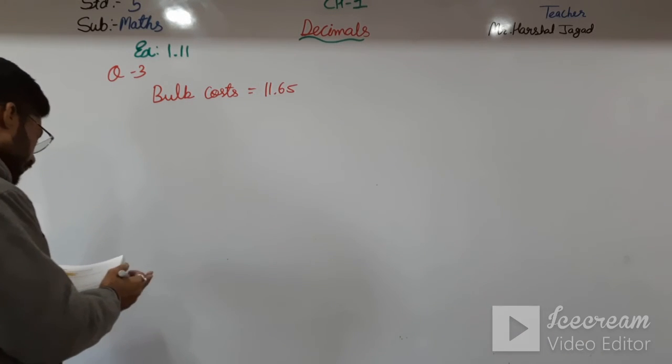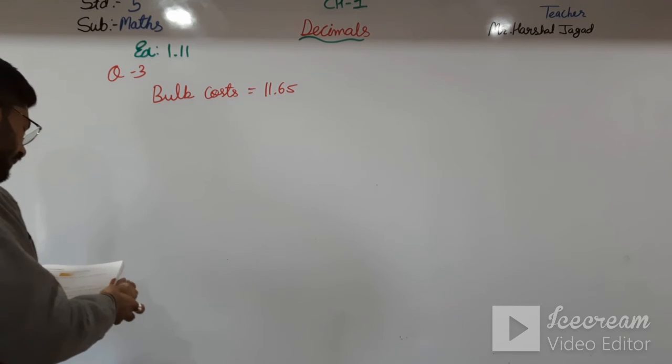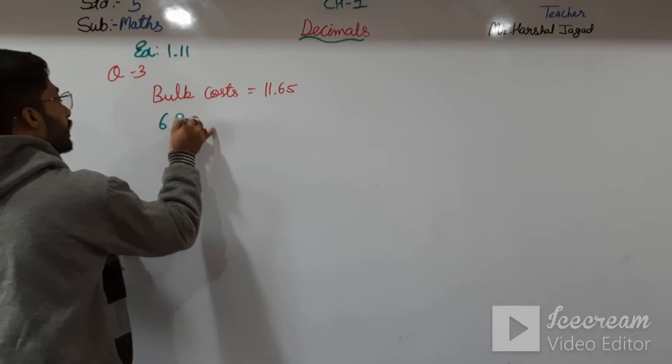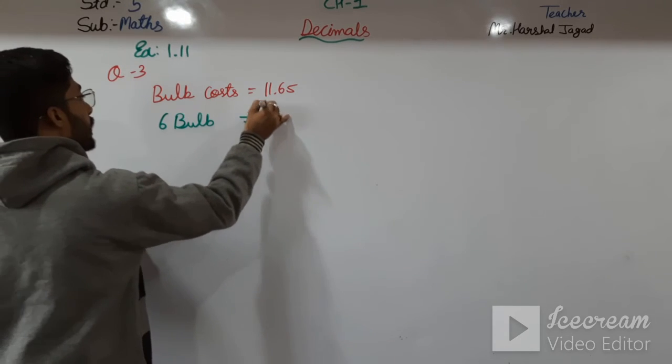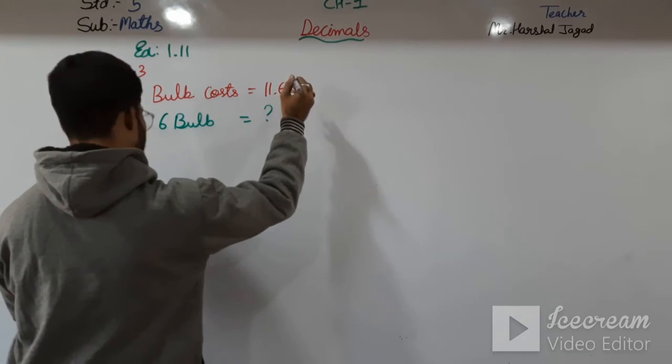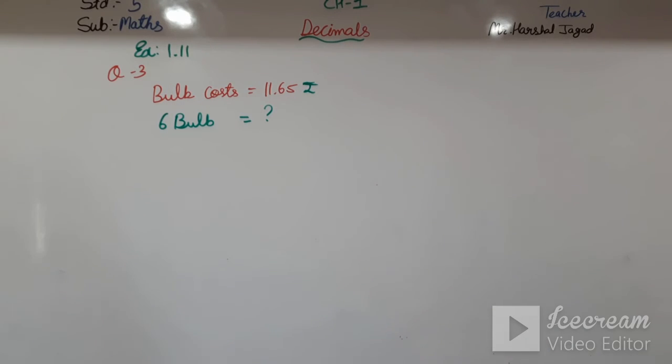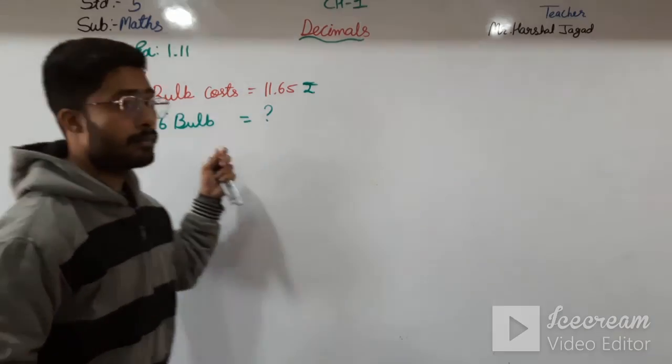How much would I need to pay if I bought 6? So if I bought 6 bulbs, then how much is the cost? Here I forgot to write rupees. Okay. Now, what should I pay?